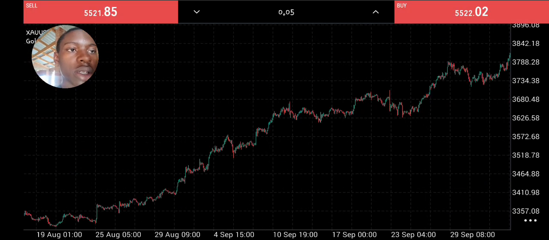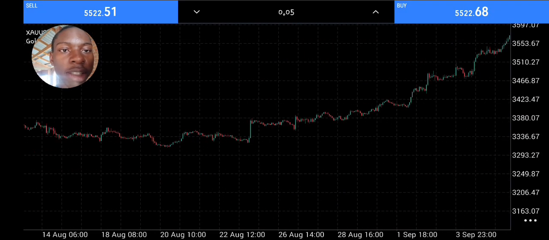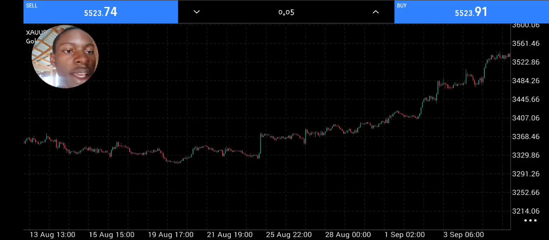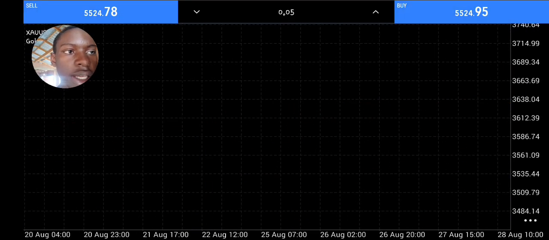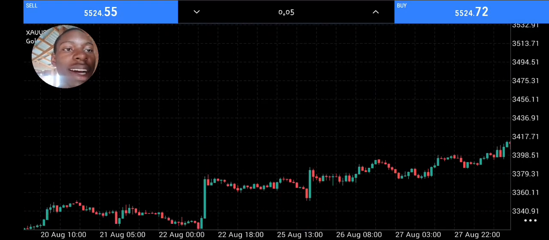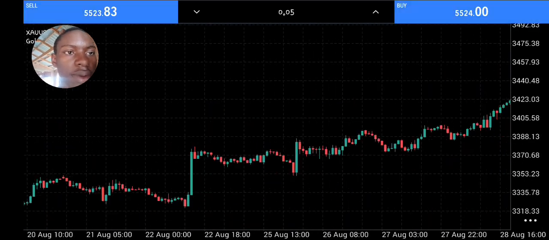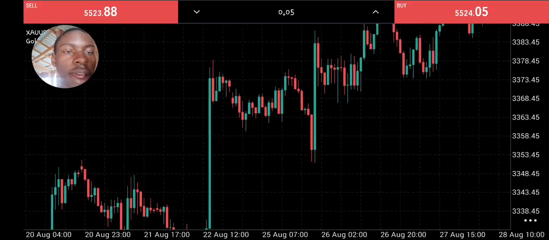Okay, there's the chart. So we want to see where price is making the big moves. In this case, let's look at this particular area and see what happened here. How about I simply say auto scale, and okay, nice.